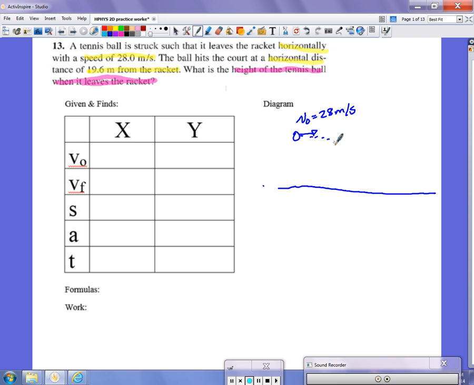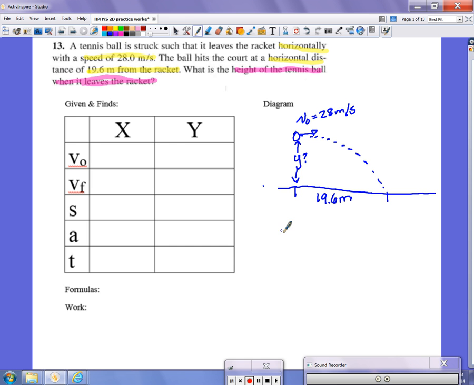It's going to have a parabolic path, and the distance from here to where it hits the ground is 19.6 meters. And we want to find this height, which is the initial Y position.